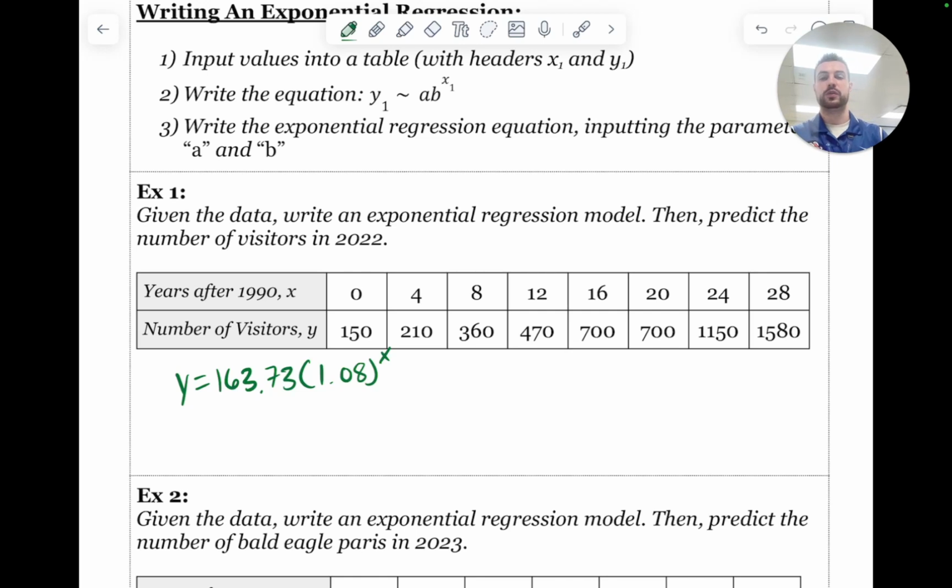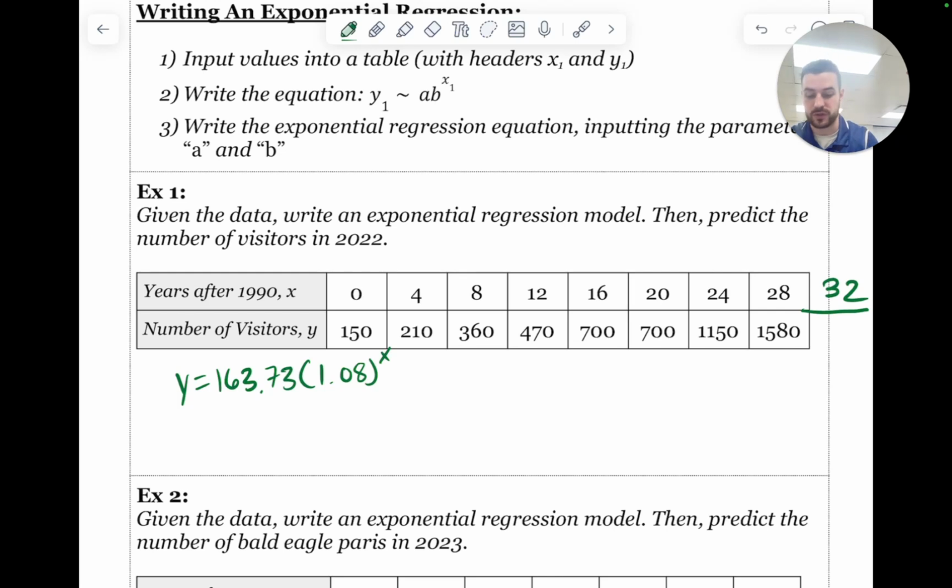We are going to try to predict the number of visitors that we will have in 2022 based on the data we are given. That's why we're using the equation that our calculator came up with. Now 2022 is 32 years after 1990. So it would be like if we had a 32 added onto our table.